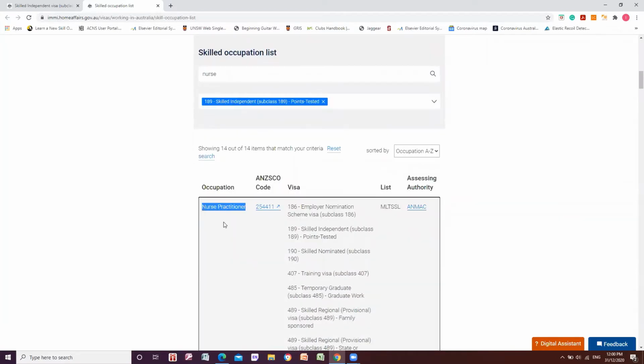You can also apply for other professions, not only nurse practitioner. As a nurse, you have different titles and different roles.